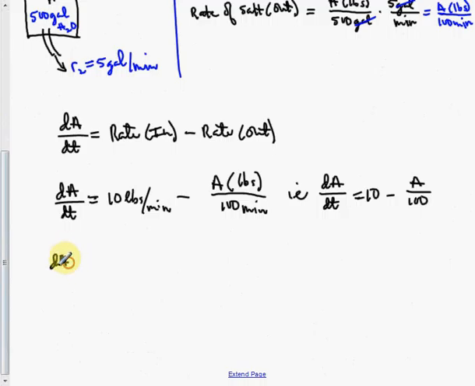This is dA over dt plus 1 over 100 times A is equal to 10. What form is that? Linear. Man, for a guy who didn't take the test, you're doing pretty good, Travis. This is linear.